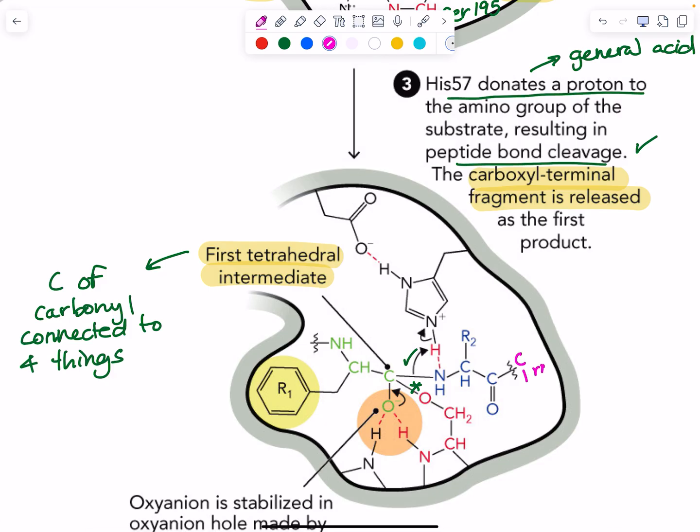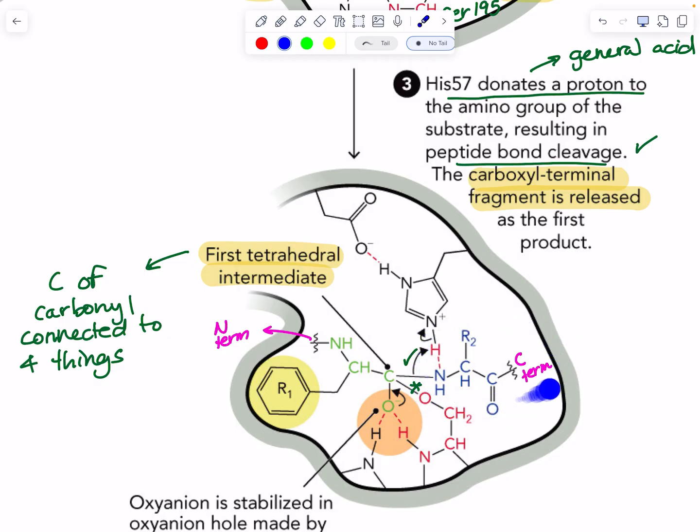So this is the C terminus, which means over here, when we cut this bond, this is going to be the carboxy terminal, and that means that this end over here, whatever there is over here, is going to be the amino terminal. So this here is the N terminus. So when we say the carboxy terminal fragment is released, that means this part.